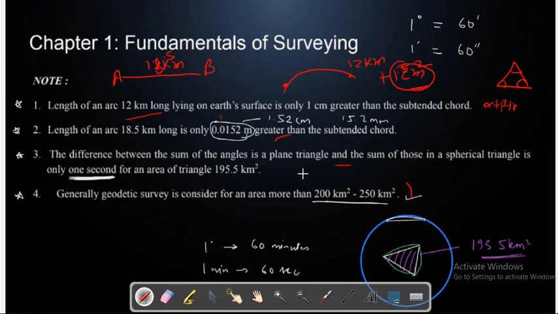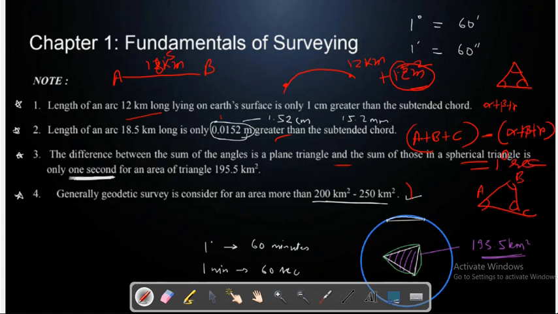The difference between the sum of the angles in a plane triangle and in a spherical triangle, suppose this one is a spherical triangle with A, B and C. If we deduct the summation of the spherical triangle interior angles from the summation of the plane triangle interior angles, then you will get only 1 second. That is very, very small.